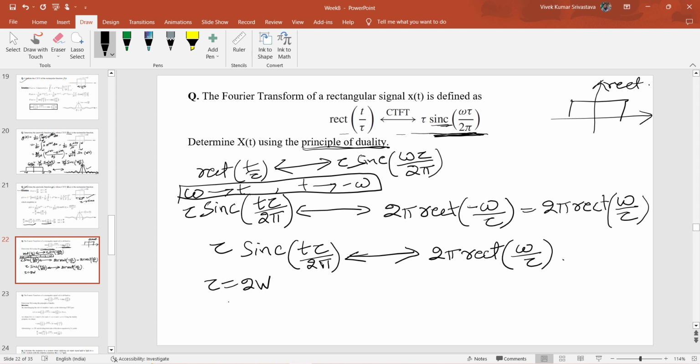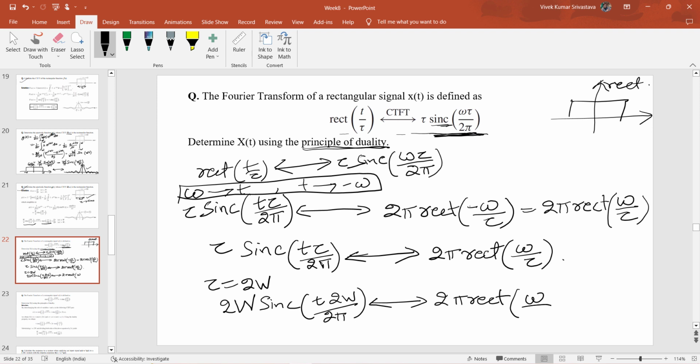Okay, so once you put here 2 times of w sinc of t into 2w over 2 pi, this will result in 2 pi rect of omega over twice of w. Okay, so this 2 and 2 cancel from both sides.